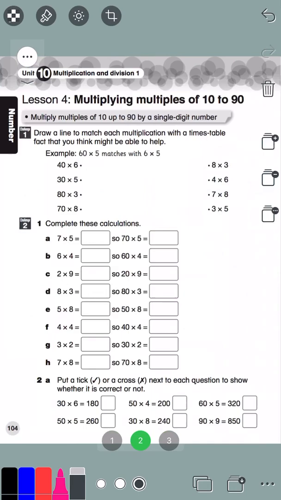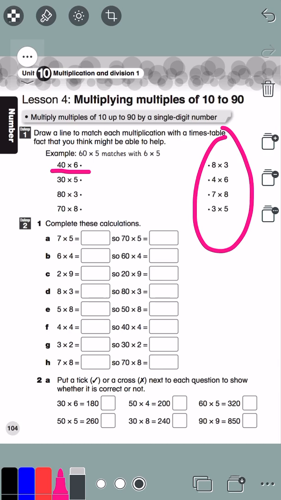So in the workbook questions, we're drawing a line to match each multiplication with a times table fact that you think might be able to help, like 40 times 6. Which multiplication is going to help us here? It's the fact of 4 times 6. It matches with 40 times 6.